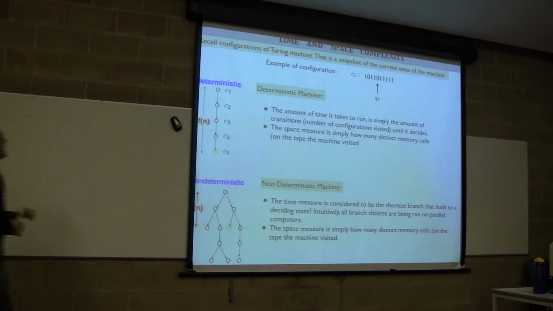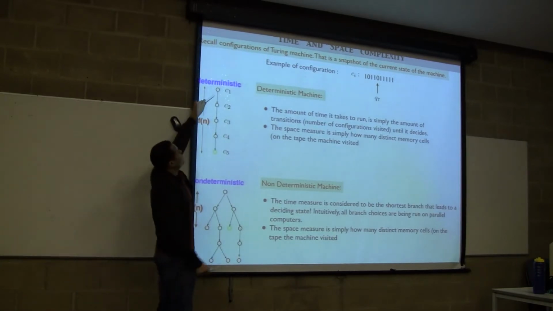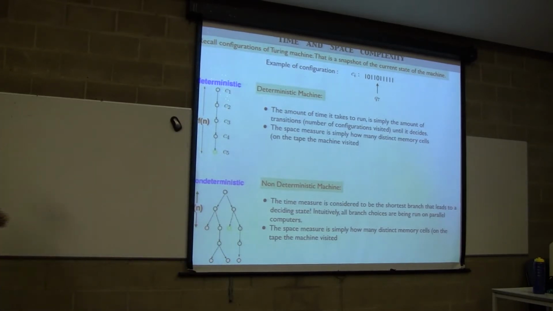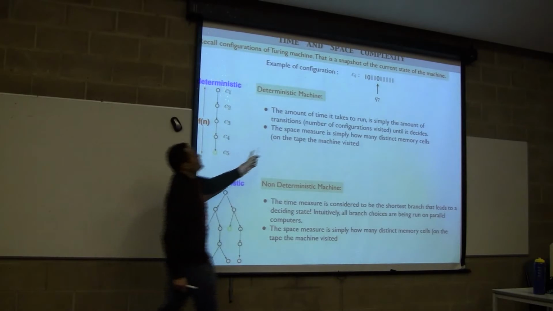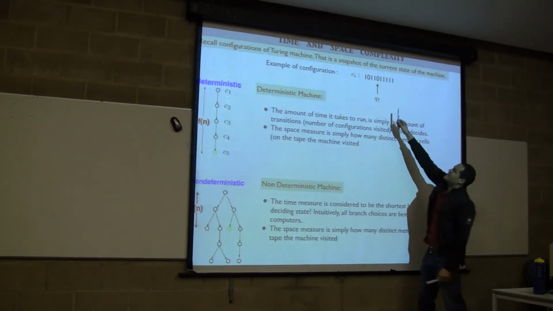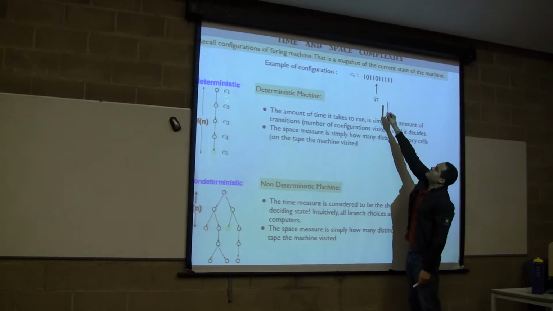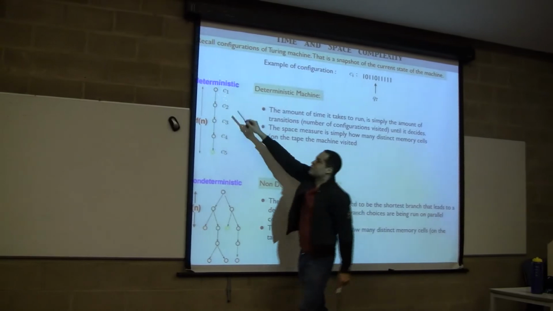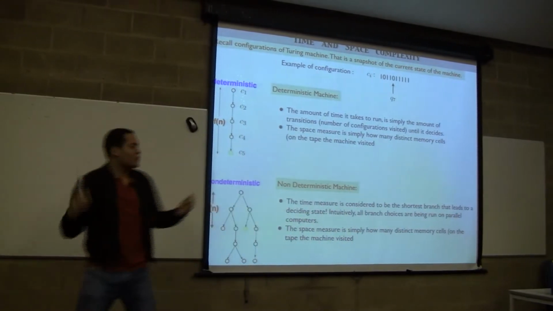So what we define as the running time is simply the number of steps taken to run through all these configurations until halting. And then the space measure is only those cells that the machine has actually visited within this running time. Okay? So that's a general statement.